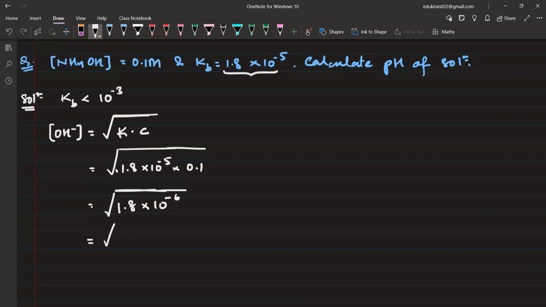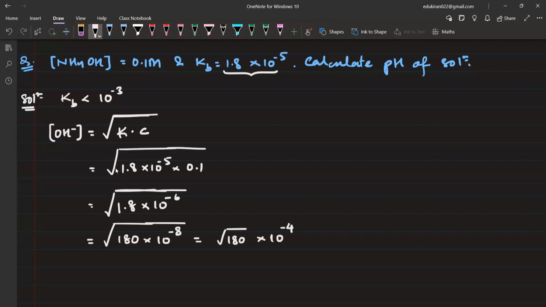I will write under root of, instead of writing 18, I will write 180 multiplied by 10 to the power -8. Because we are shifting 2 decimal points, यहाँ पे 2 digits बढ़ जाएंगे, -8 हो जाएगा. And now this can be written as 10 to the power -8. I can remove it from the under root, and I will be having 180 inside the under root multiplied by 10 to the power -4. Because under root is just power 1/2. Makes sense till here? Yes or no? Please tell me.